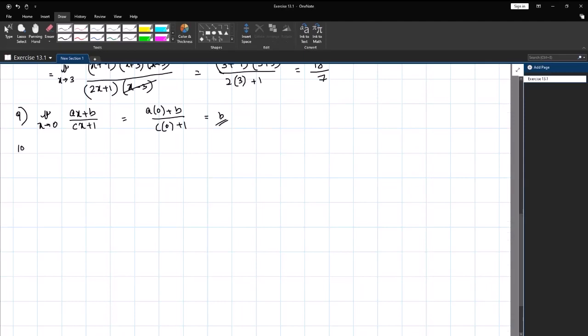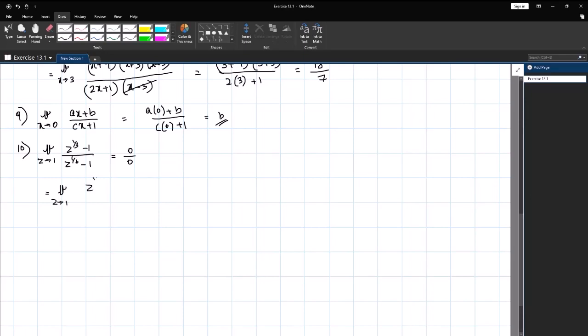So we'll have question 10. Limit z tends to 1, z to the power 1 by 3 minus 1 whole divided by z to the power 1 by 6 minus 1. If we substitute the value for z, again we'll get 0 by 0. So now we'll divide numerator and denominator by z minus 1.